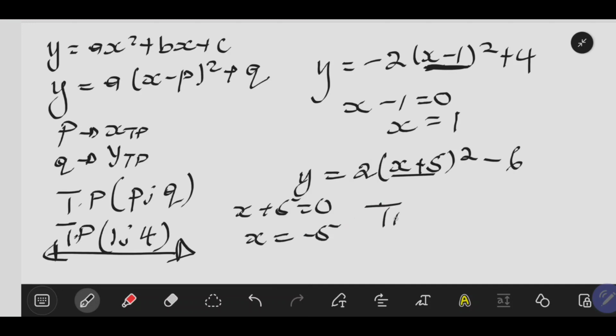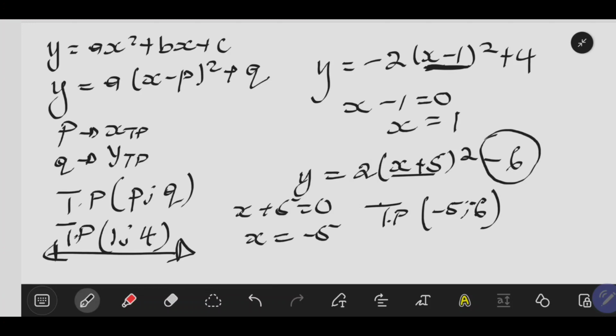So your turning point in this case is negative 5, and then we take q together with its sign, so it's negative 6. So this is the effect of p and q for now. But we also know that the values of p and q can play a role in vertical and horizontal shifting. All right.